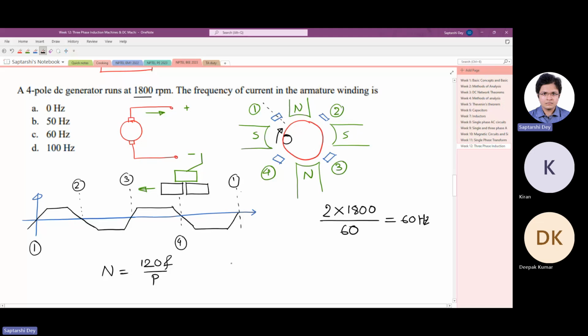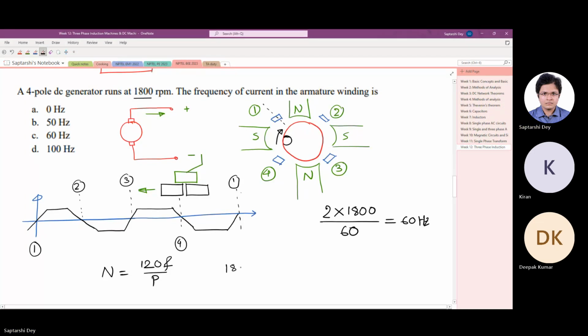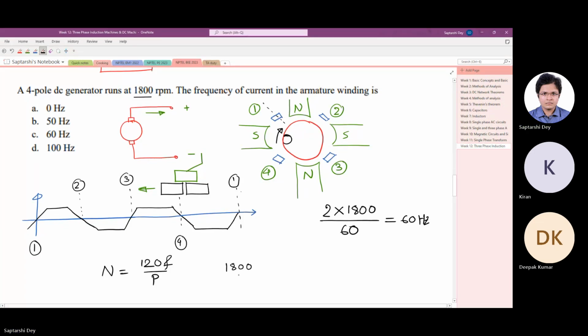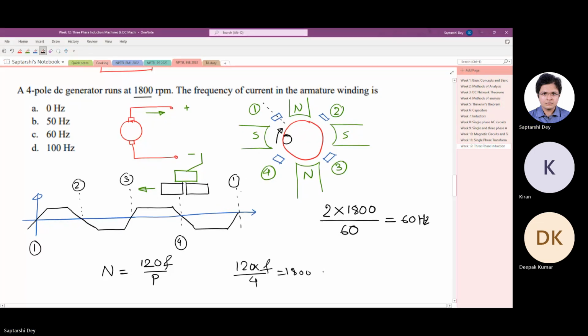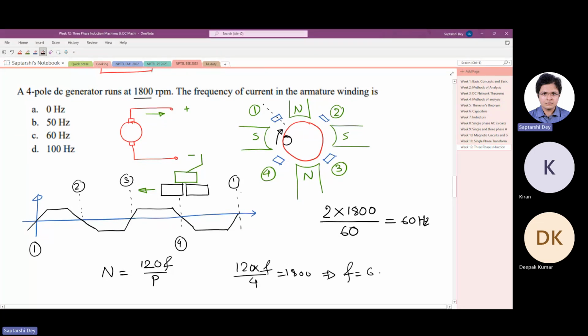So in this case, if you directly apply, 1800 rpm, and we have to find the frequency, with P equal to 4. 120 F by P equals 1800. If you do, you will get F equals 60 hertz.